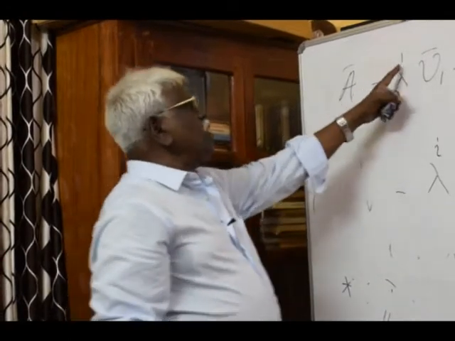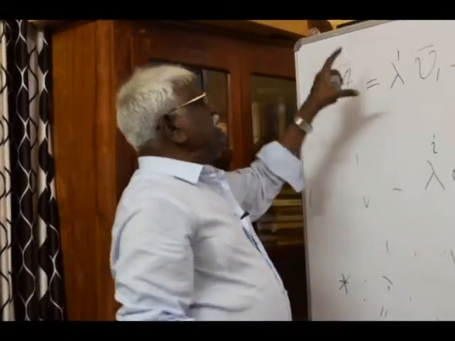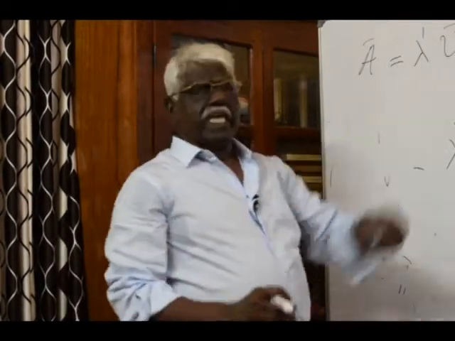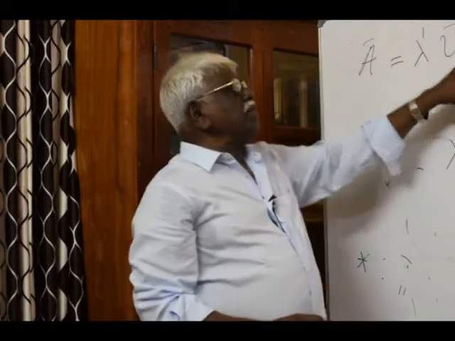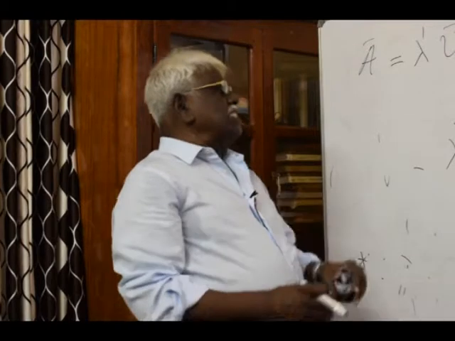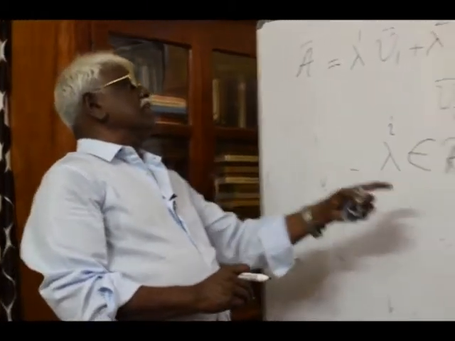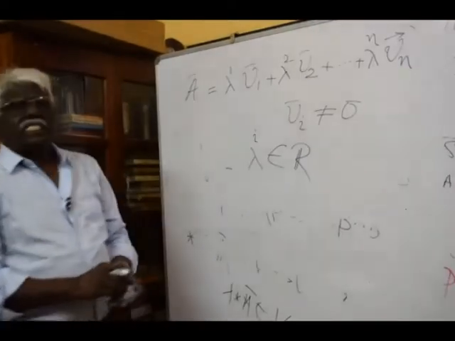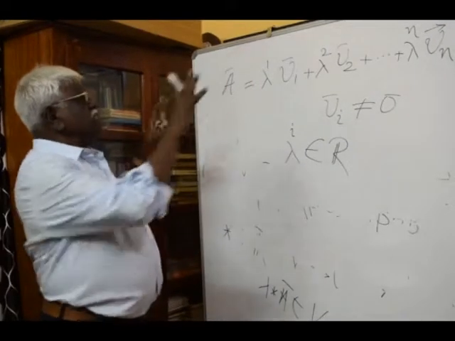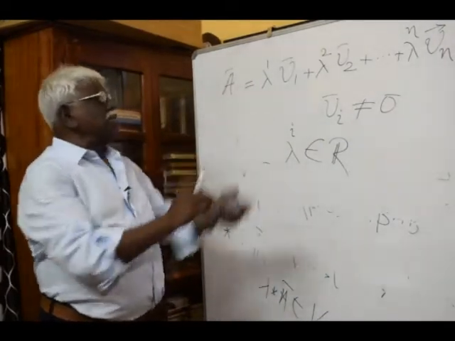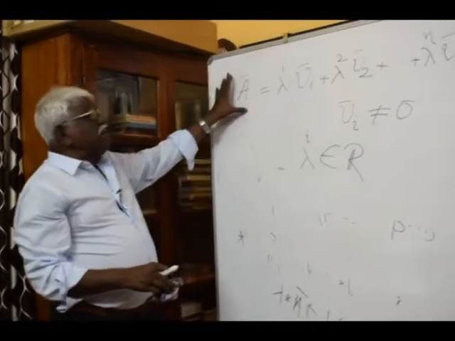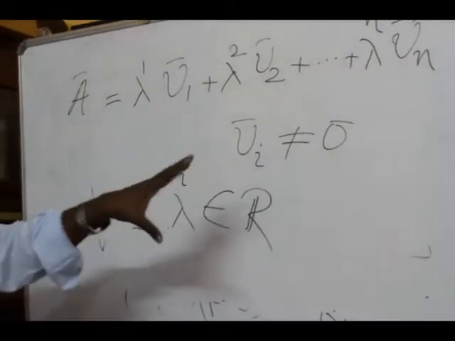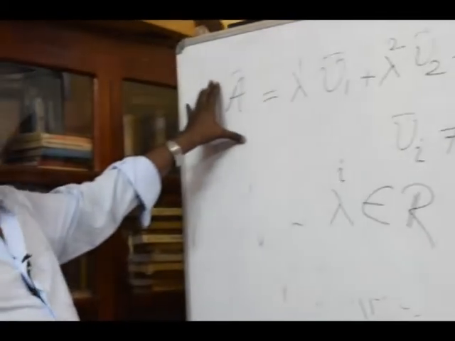The suffixes 1, 2, 3, etc. only pin down the individuality of the real scalar. It does not denote a power of the scalar. Lambda 1, lambda 2, lambda n are simple scalars belonging to the real field. And this is the vector we have constructed out of n vectors, a mathematical object, vector A.